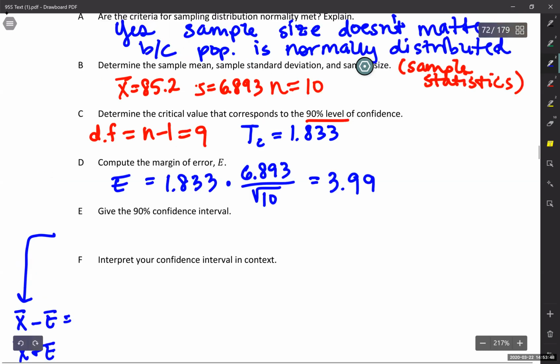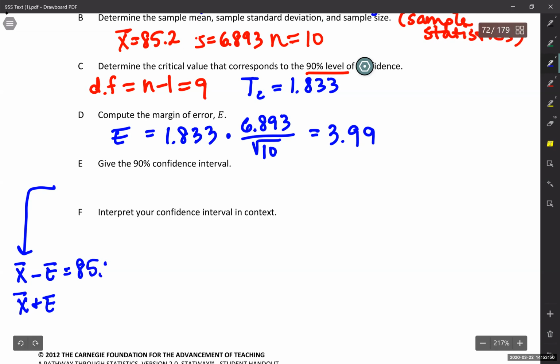85.2 is our mean. We are going to subtract our almost 4 here and add. If your numbers are slightly off of mine, that's fine, just depending on rounding or typing in your calculator.